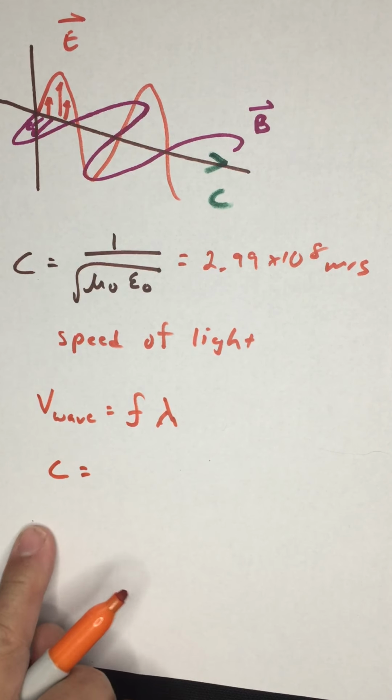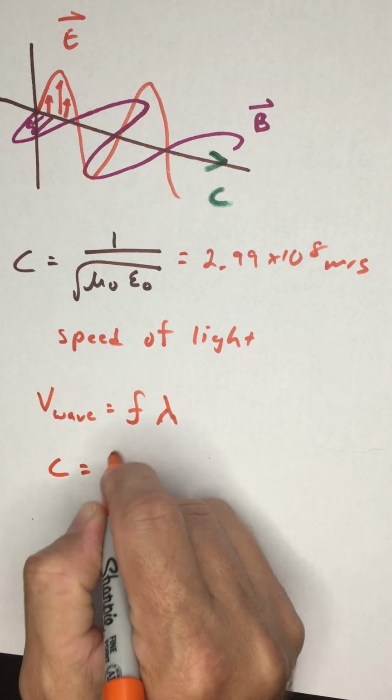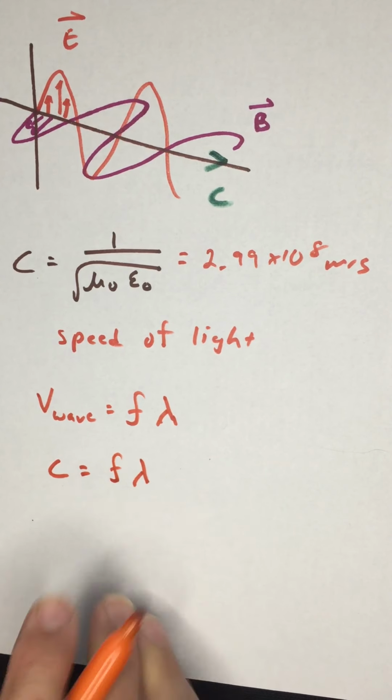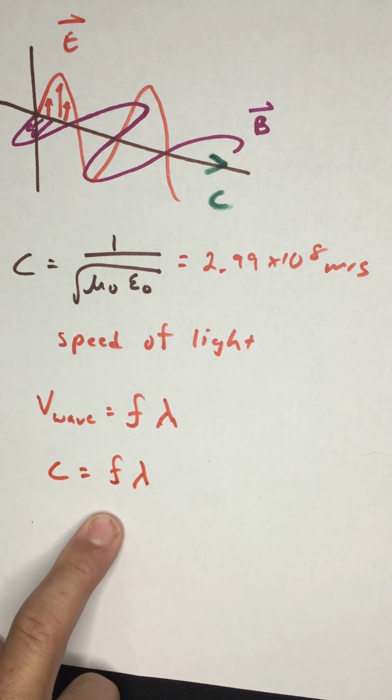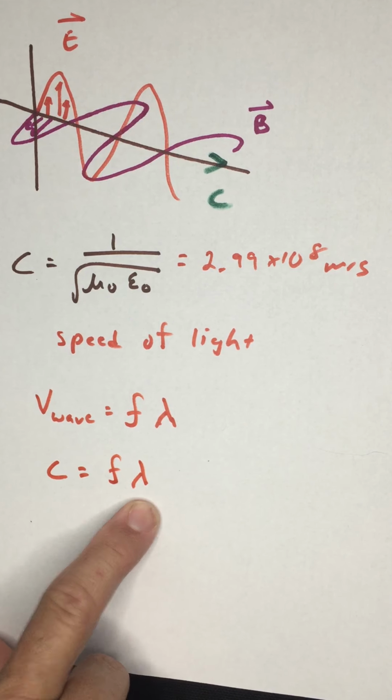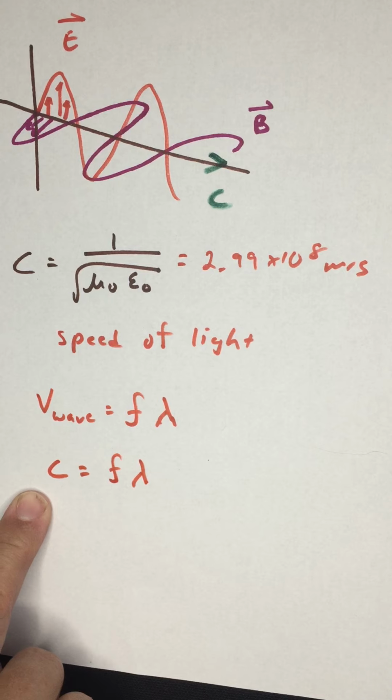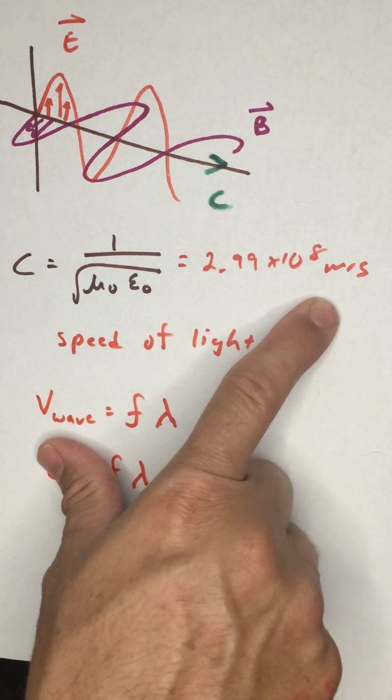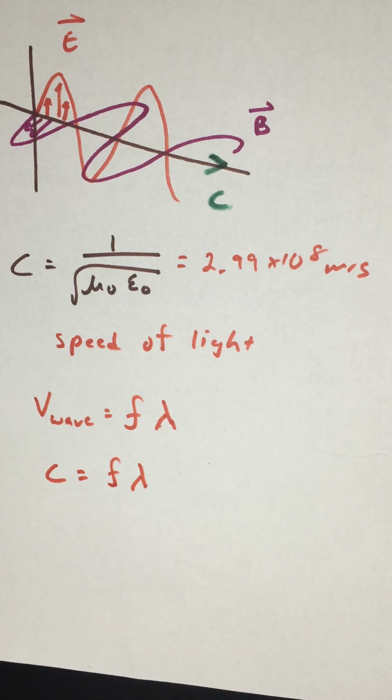So c for any electromagnetic wave is equal to its frequency times its wavelength. Therefore, if you know the frequency, you know the wavelength, because you always know the speed. The speed is always 2.99 times 10 to the 8th meters per second. If you know the frequency, you automatically know the wavelength. If you know the wavelength, you automatically know the frequency.